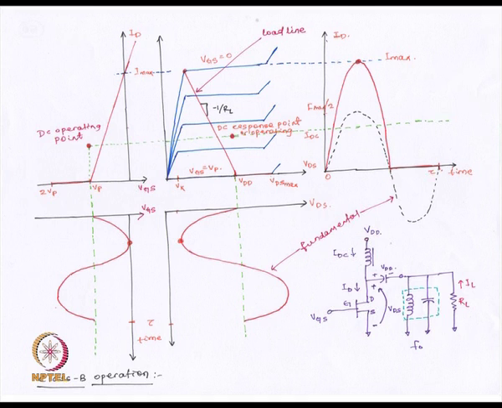Therefore, my input is now like this. Only during this half cycle does the input lie in the conducting region of the transistor. Because it is conducting only for a half cycle, note how ID changes. ID is now like this, a single half cycle, and then it stops. But what about my VDS?